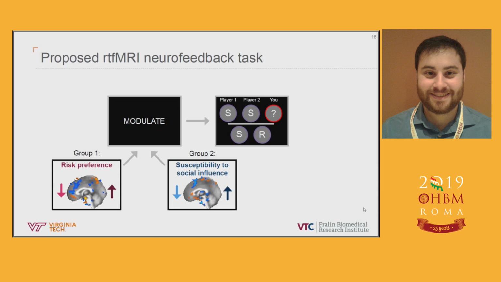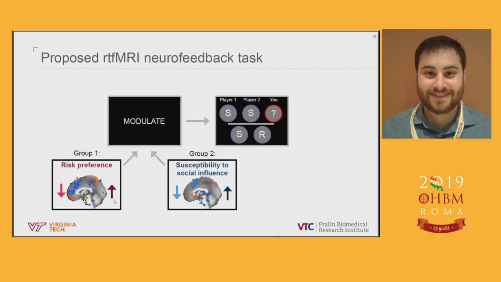What I've shown you so far is that we have these models which use an entire task course, using all of the trials, to predict these two parameters. But ultimately, what we want to do is to give individuals feedback on a trial-by-trial basis. What I have data for, but unfortunately don't have time to show you today, is that I've trained accompanying models which we can use to give individuals trial-by-trial feedback.